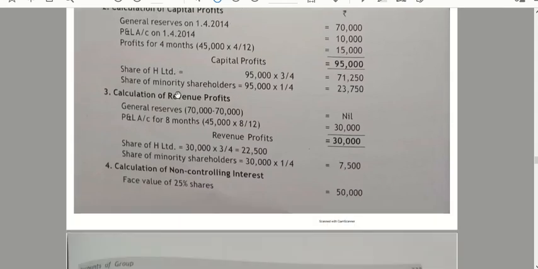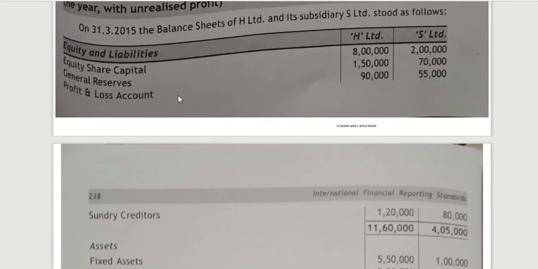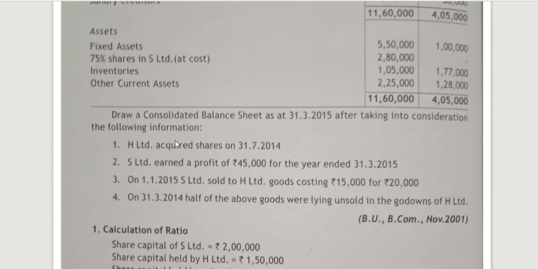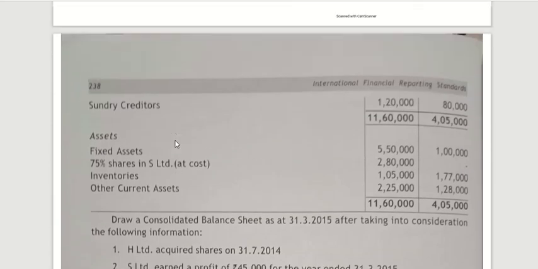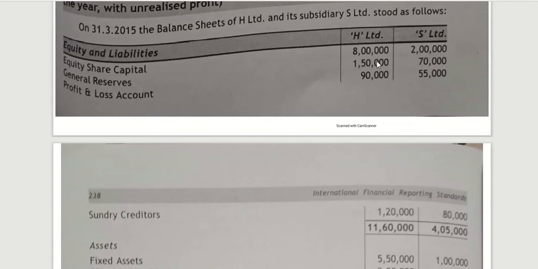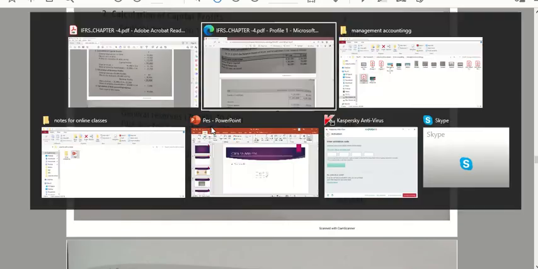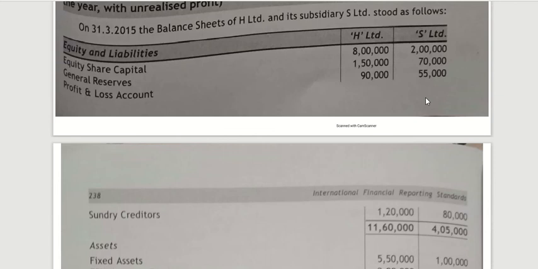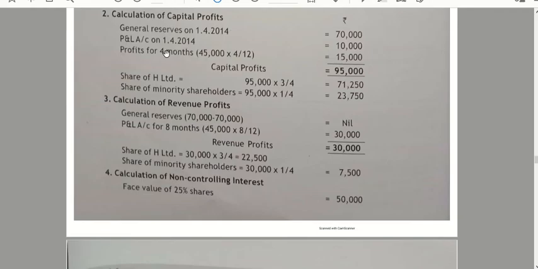Calculation of capital profits. In the balance sheet they have given the general reserve as 70,000 and the profit and loss account as 55,000 of S Limited.